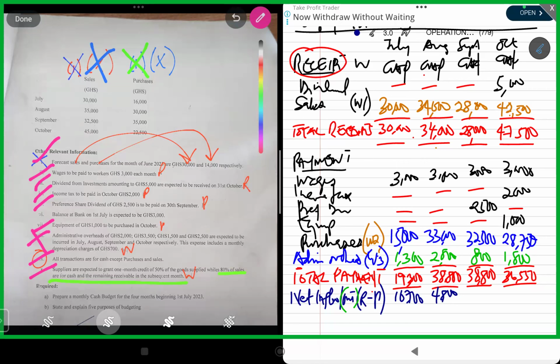The receipt first, then it's negative. Then 20,000 minus 38,800. Negative 10,800. 10,950.